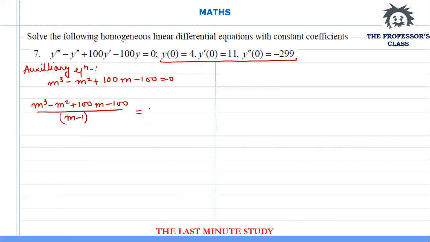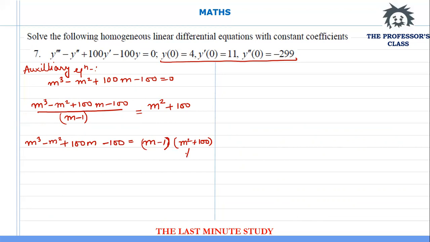Now if I divide it, I'll get the answer m square plus 100. You can divide it using the method discussed in the previous question. So the auxiliary equation m cube minus m square plus 100m minus 100 is equal to the product of m minus 1 and m square plus 100.